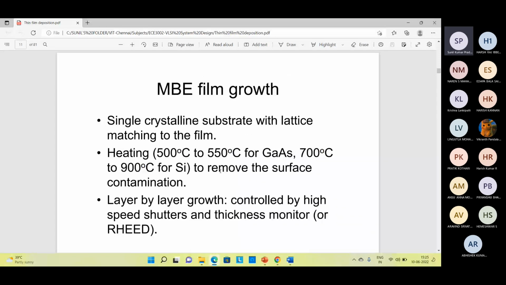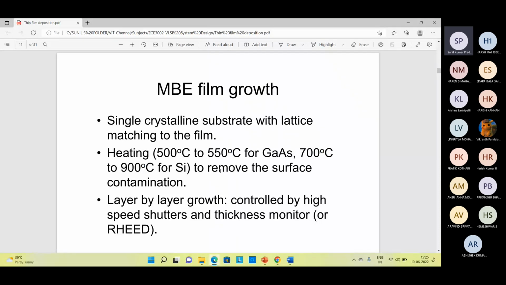Now, in MBE film growth, that is molecular beam epitaxy film growth, a single crystalline substrate with lattice matching to the film can be achievable. Heating is done maybe up to 500 to 550 degrees centigrade for gallium arsenide, and 700 to 900 degrees centigrade for silicon.